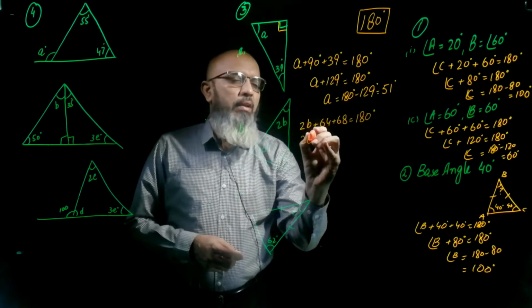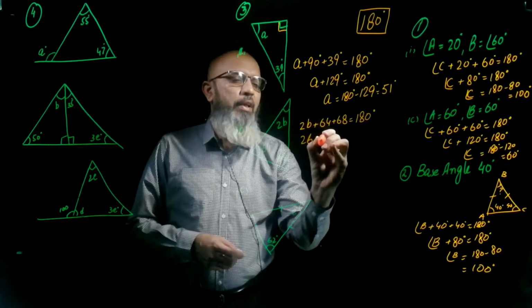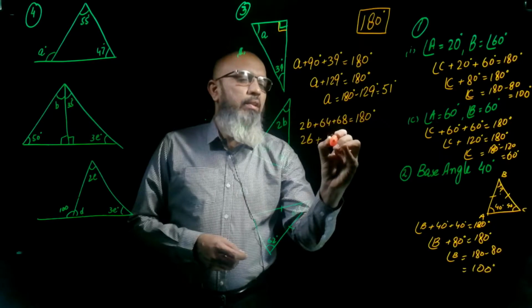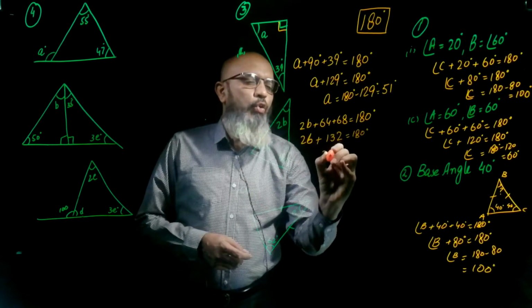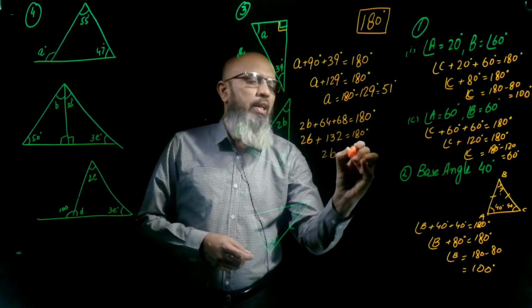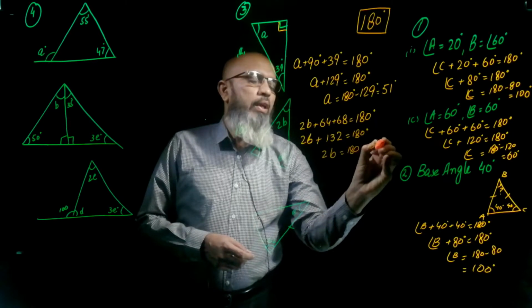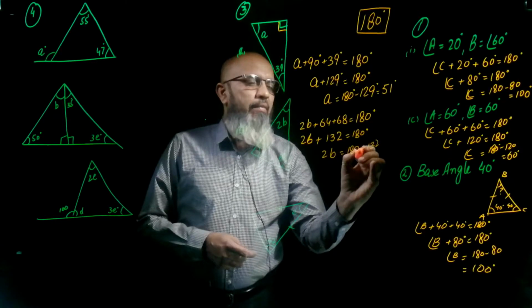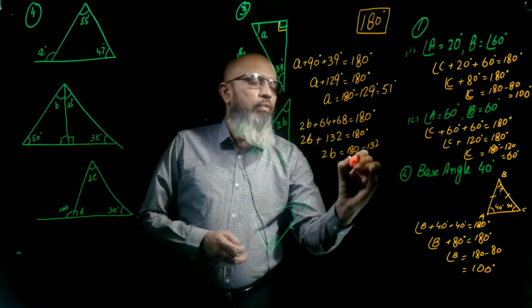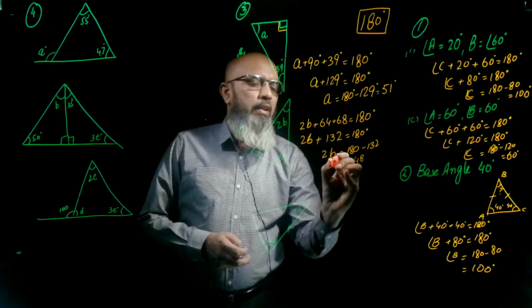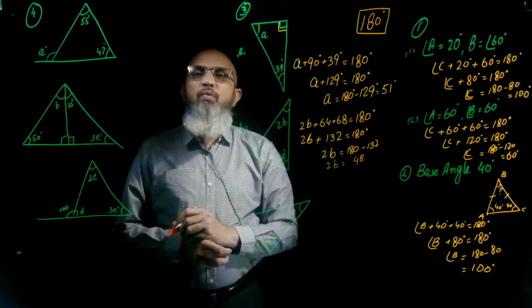So 2B, that is not 26, that is 2B, plus 132 is equal to 180 degrees. So 2B is equal to 180 minus 132. So after subtracting, you will get 48. That is, 2B is equal to 48.